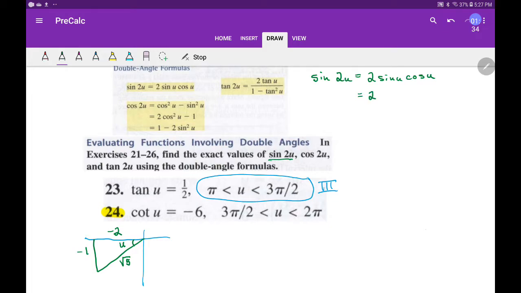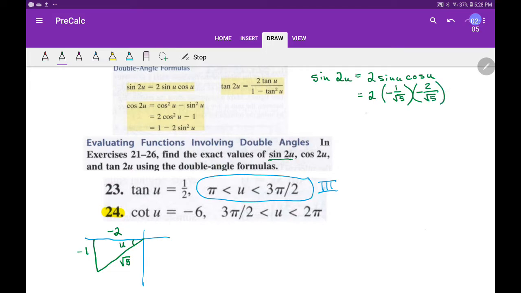Well, I have opposite over hypotenuse, right? So that's going to be negative 1 over the square root of 5, times the cosine of u, well, that's negative 2 over the square root of 5.